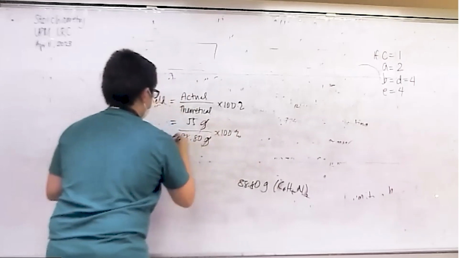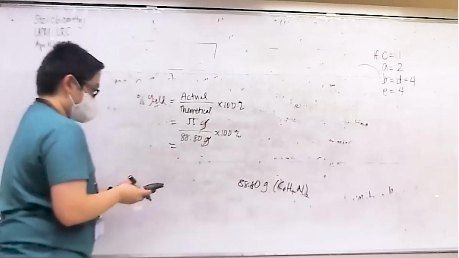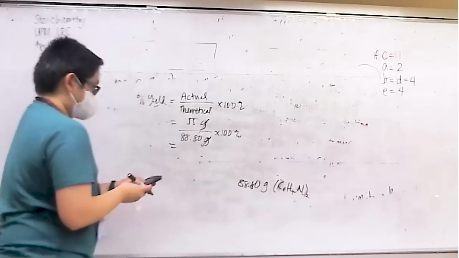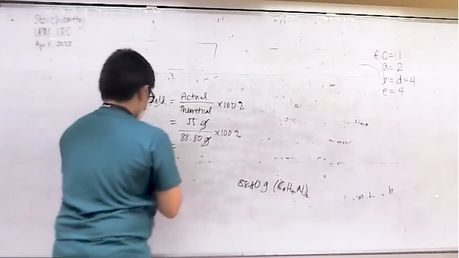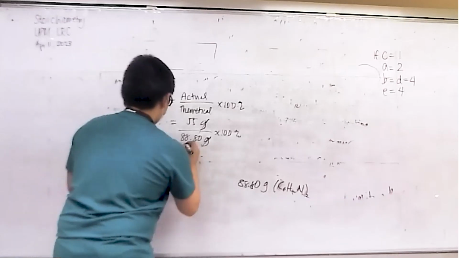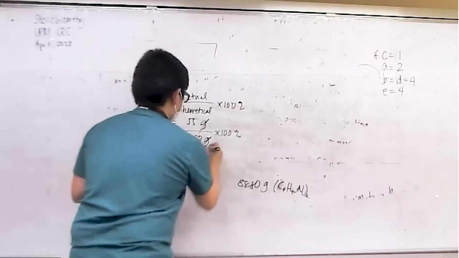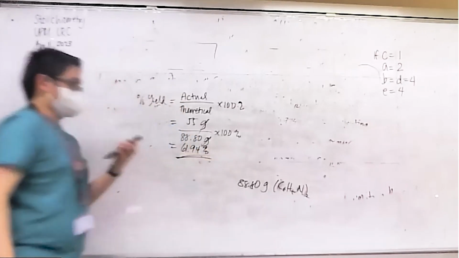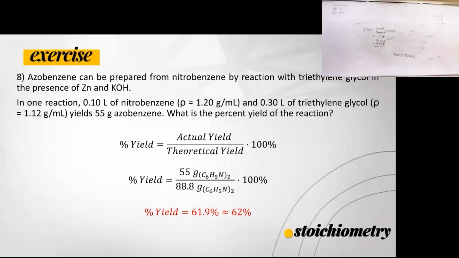Obviously, the grams cancel. There's no unit, only percent. And then you're left with 55 times 100, which gives 61.94%. And that is the final answer. 61.94% yield is what I got.